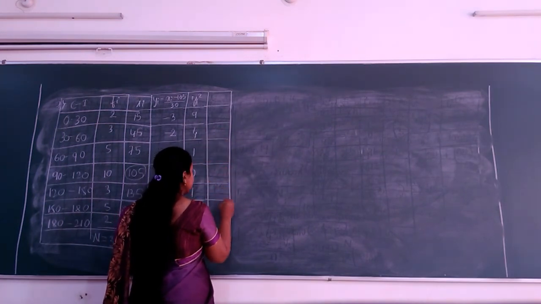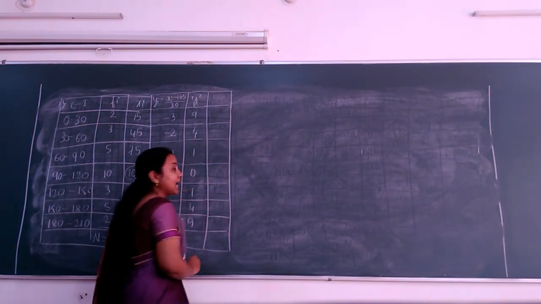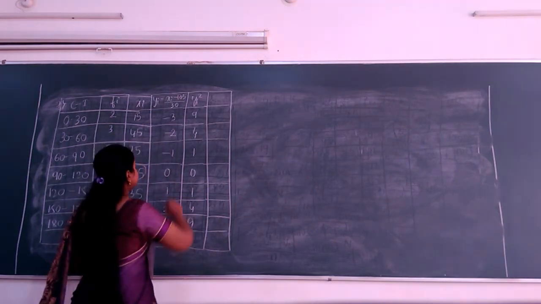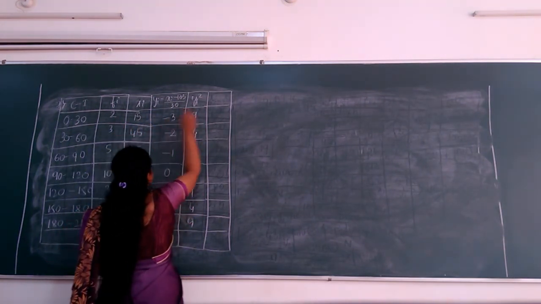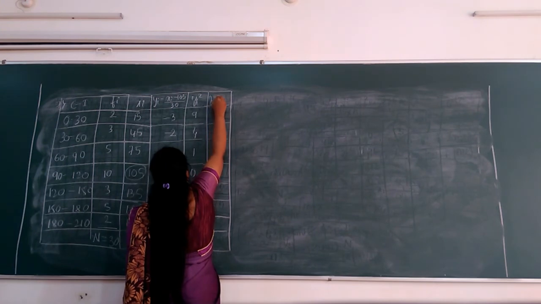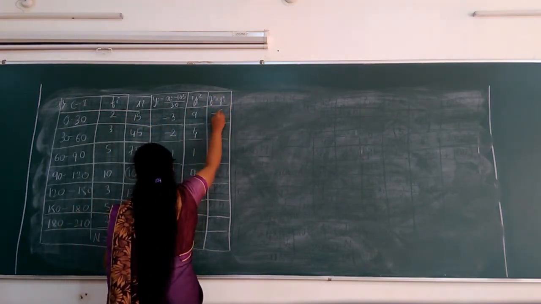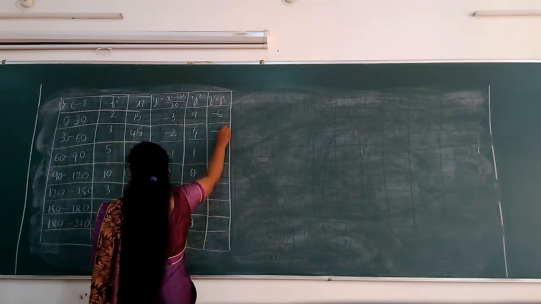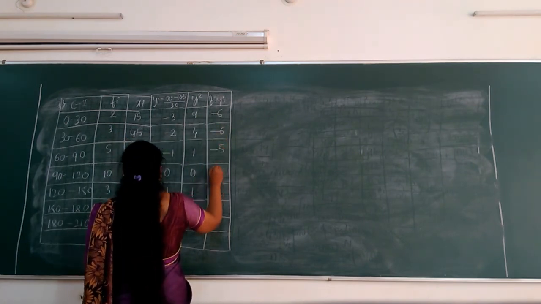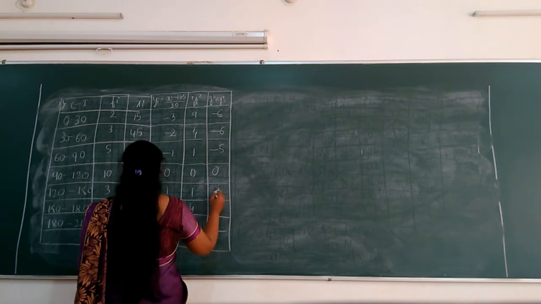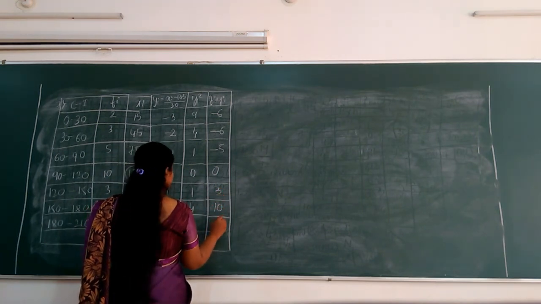Knowing fi into yi, you will calculate the mean. So here it is a column of fi into yi. 2 into minus 3, minus 6. 3 into minus 2, minus 6, minus 5, 0, 3, 10, 6.